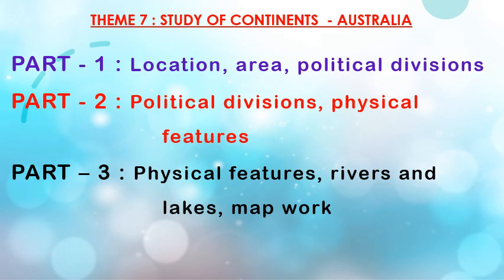Today we will be only introducing two physical features of Australia. In part 3 we will complete the physical features and learn more about the rivers and lakes of Australia along with the map work.